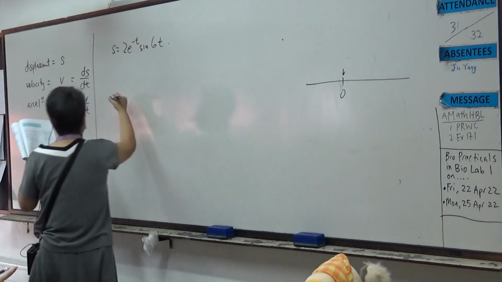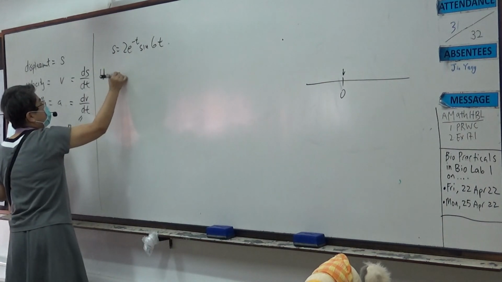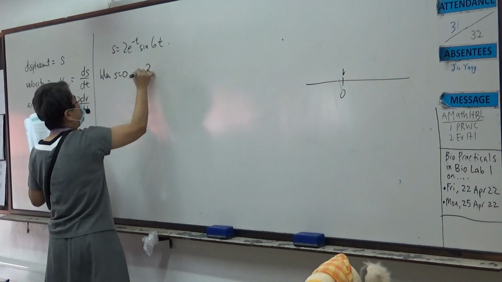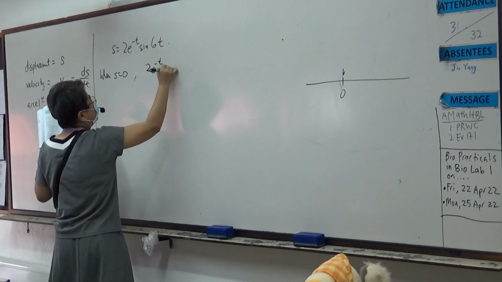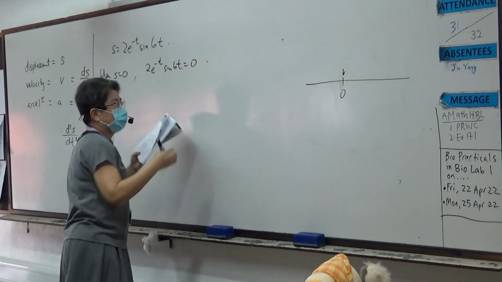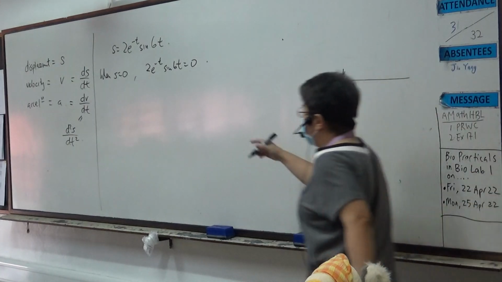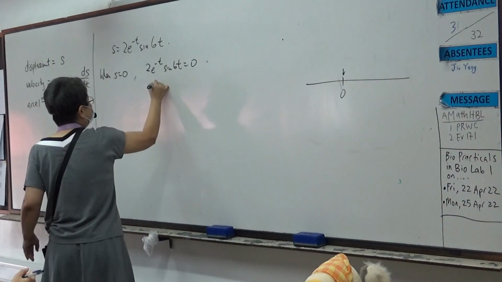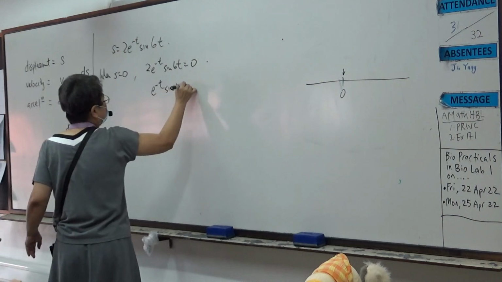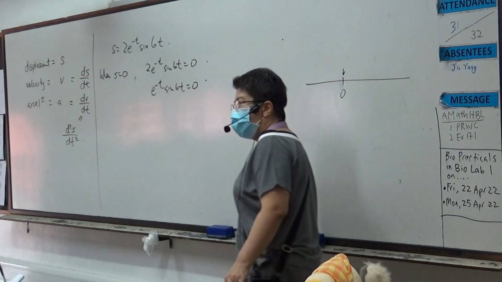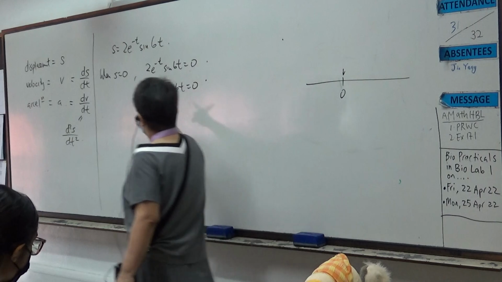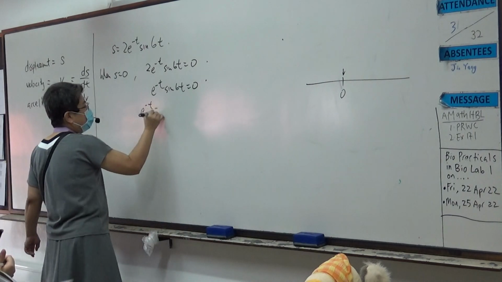So, first part, when s is 0, I will have this, am I right? Correct. Now, I divide both sides by 2, so I have this. Am I right? Do you agree that if I have this, I will have this?